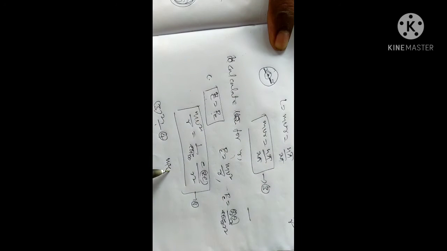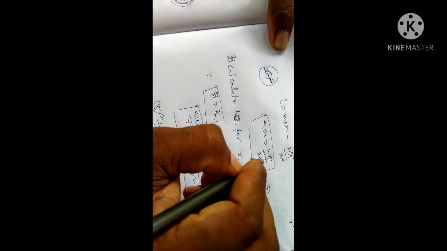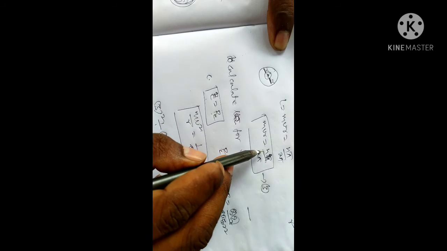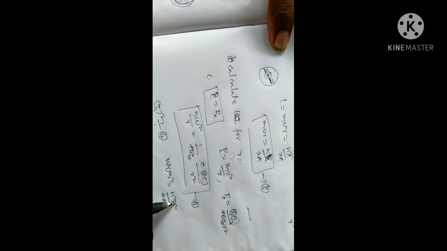m square v square r square is equal to n square h square by 4 pi square, since mvr is equal to nh by 2 pi.